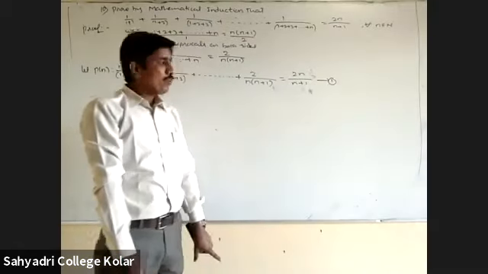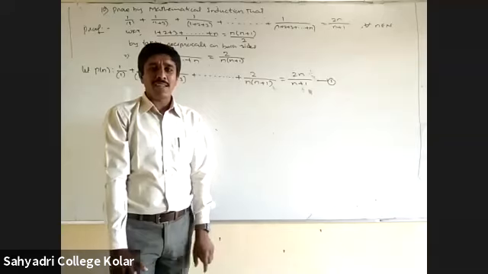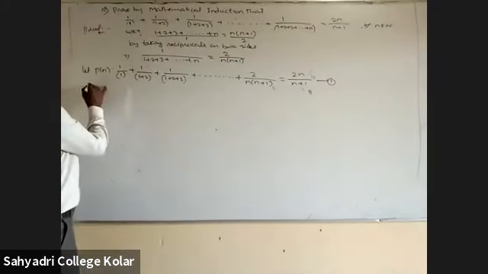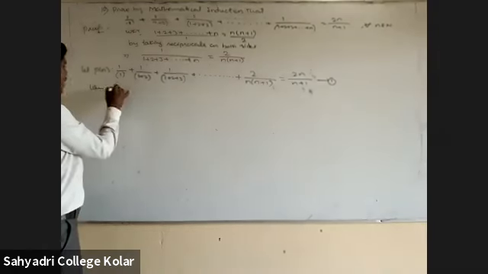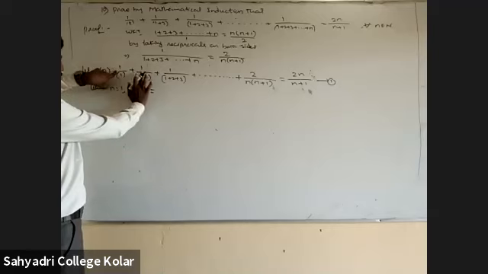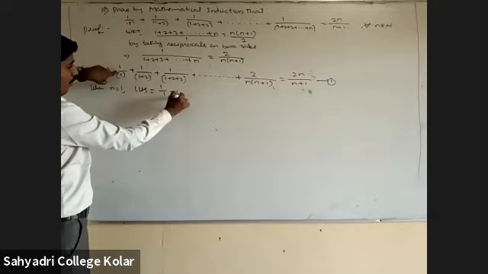Now we shall prove equation 1 by using the principle of mathematical induction. First, when n is equal to 1, the LHS is the first term of the series, 1 by 1, equal to 1.